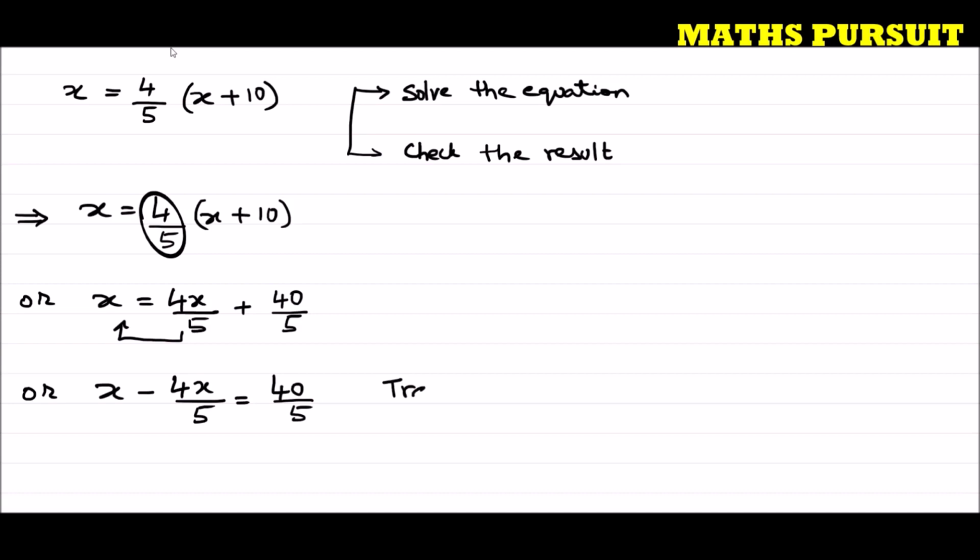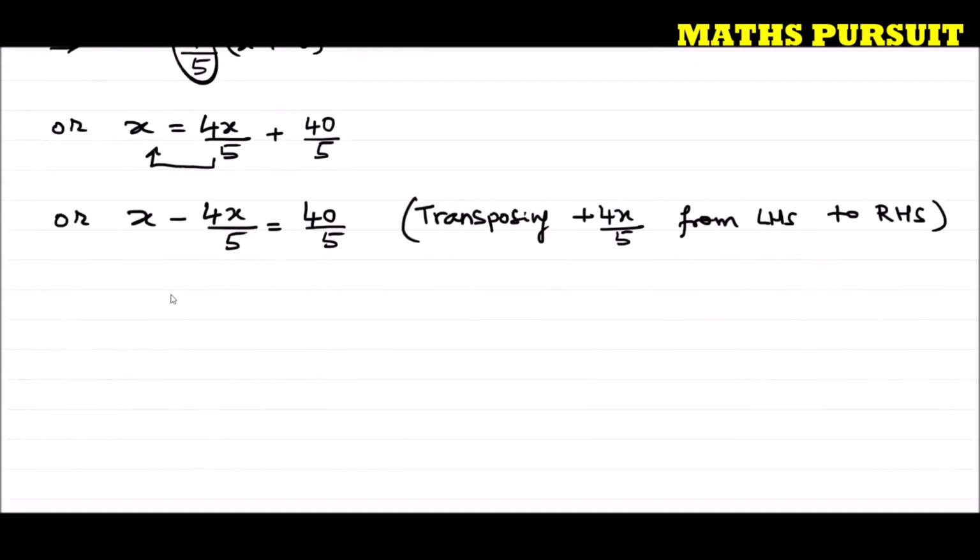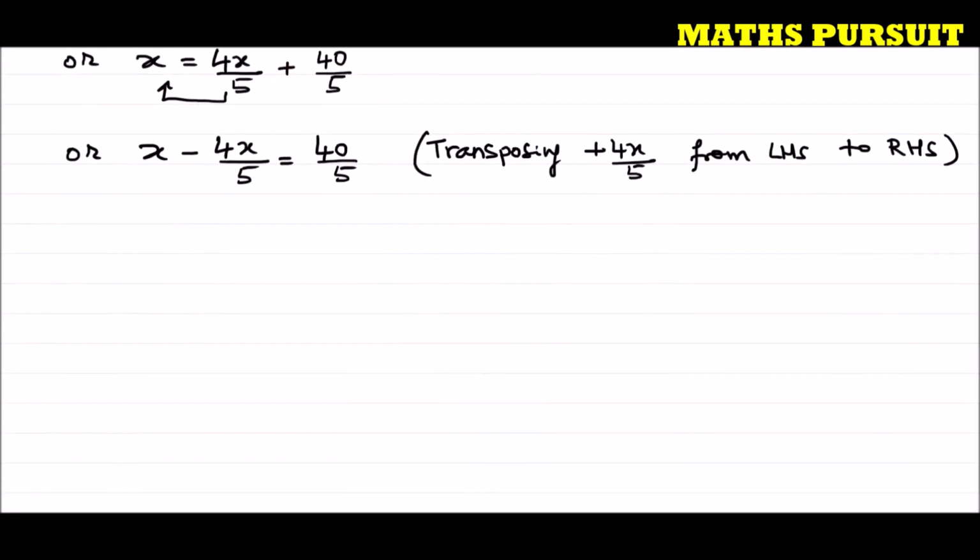That means transposing plus 4x divided by 5 from the left hand side to the right hand side. So as a result we got x - 4x/5 = 40/5. Hope guys I am very clear till here.